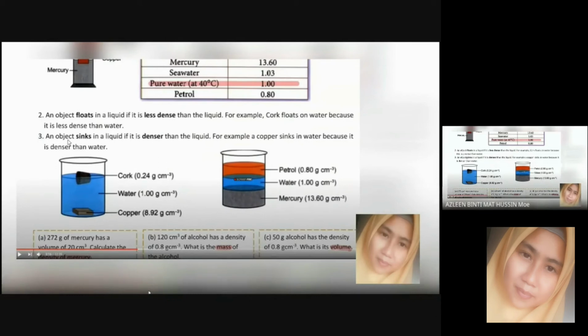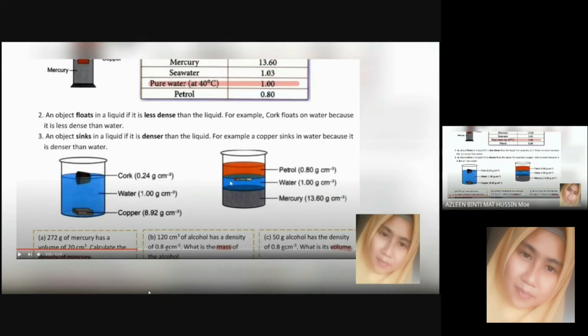An object floats in water if it's less dense than the liquid. For example, cork floats on water because it is less dense than the water. You can see the cork is only 0.24 gram per centimeter cube. Down here, copper is 8.92 gram per centimeter cube. It is denser than the water. That's why it sinks in the beaker.